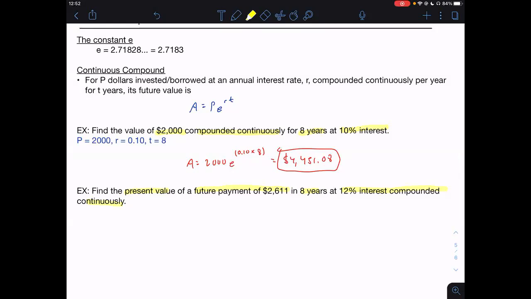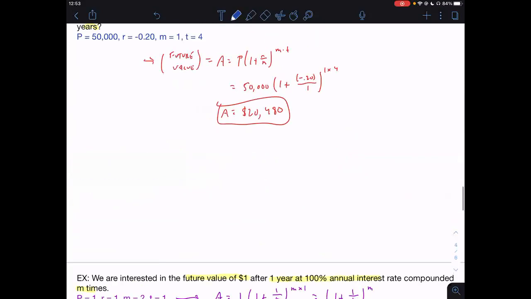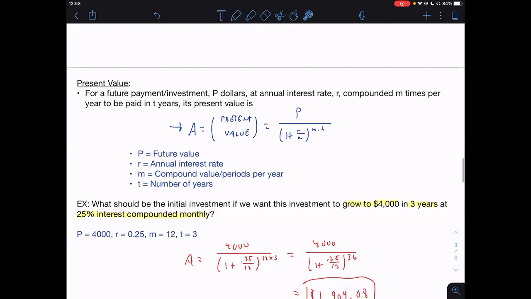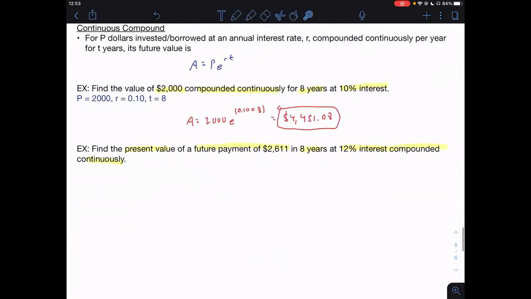But notice, this equation is to calculate the future amount. Here we want to find the present amount. So how are we going to go about this? Pretty much almost exactly the same as the present value for compound interest, except instead of P over this exponential, it's going to be P, our future amount.